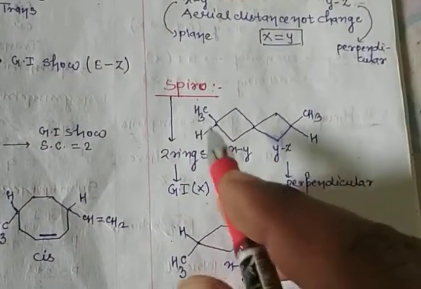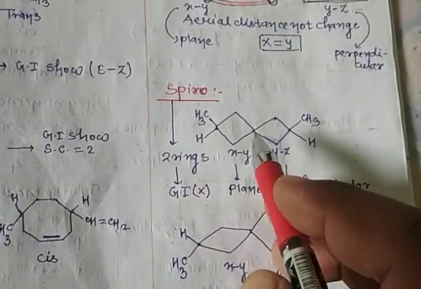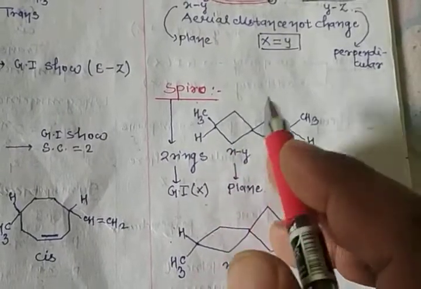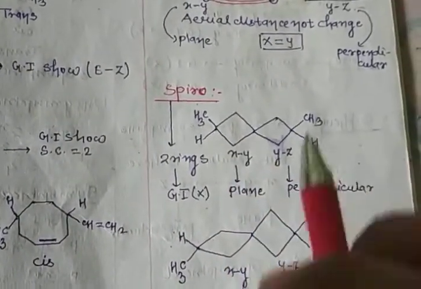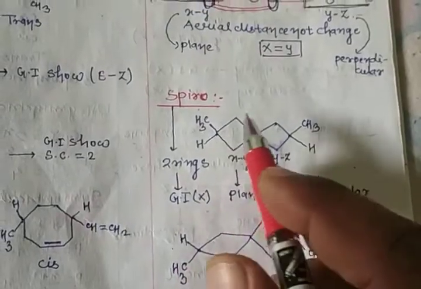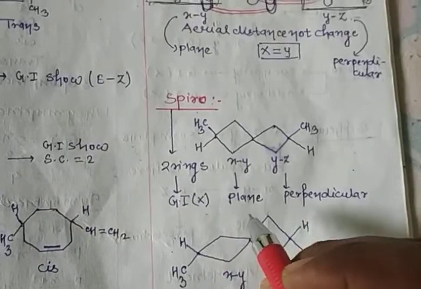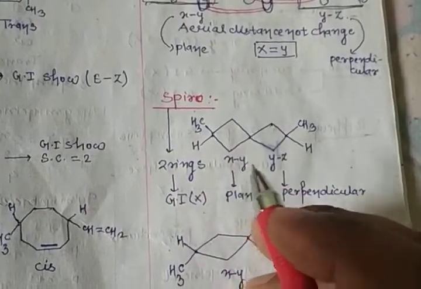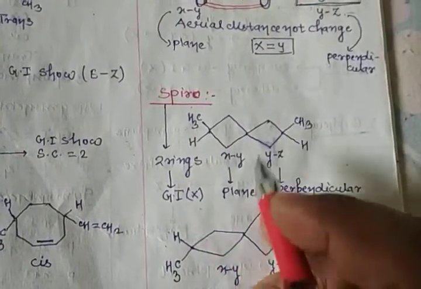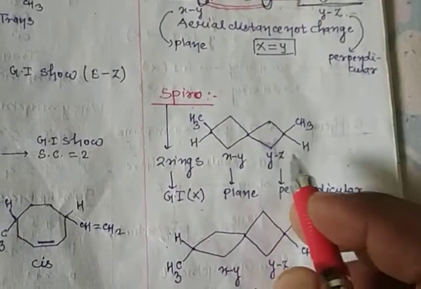Okay, now the very important example is spiro. You know, in IUPAC nomenclature, one carbon attached with 2 rings, right? So this is a spiro. So just check. First you consider that this first cyclic group is the XY plane. This is only for the 3D image. This is the XY plane and the second one is the YZ plane.